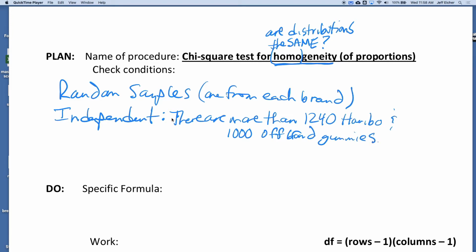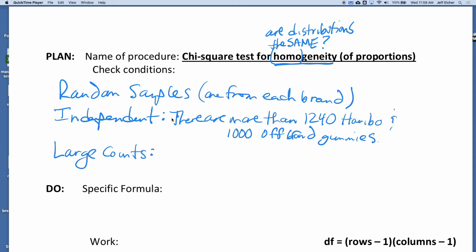So the population sizes, I'm sure, are humongous. So taking a sample out of those populations isn't going to change the characteristics of the population at all because they're huge. And then the last condition is the large counts condition, or the expected counts condition.